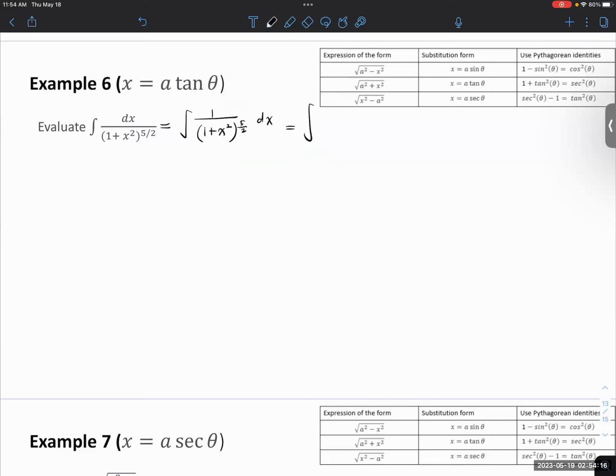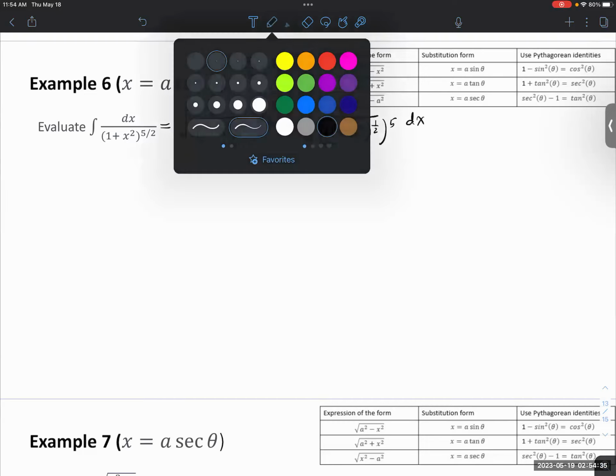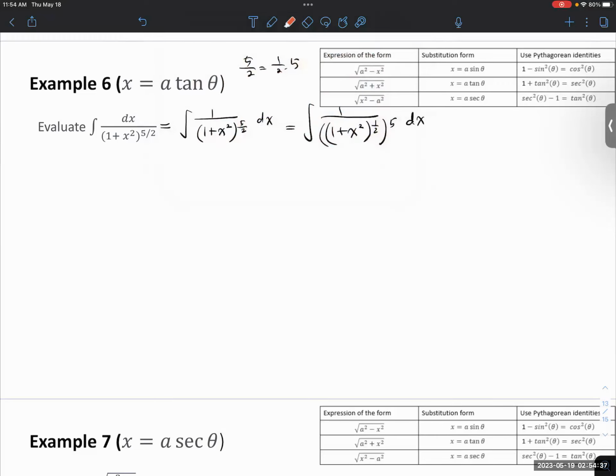This is the same as 1 over 1 plus x squared. So 5/2, it's the same as what? 1/2 times 5. So I can separate it, 1/2 and 5 outside. Are you following? The squared power is still there inside.